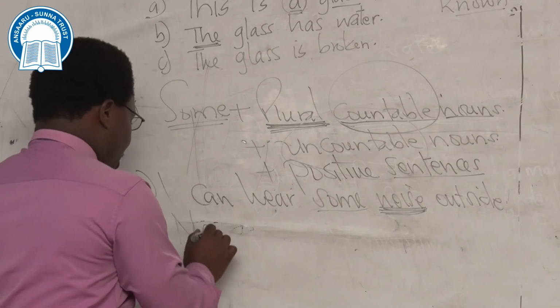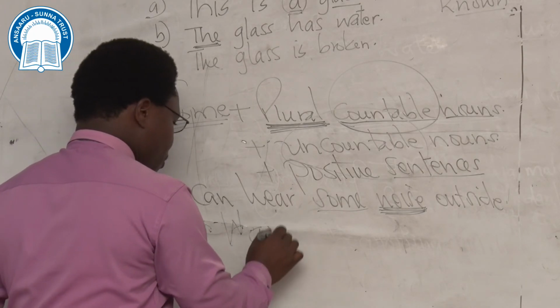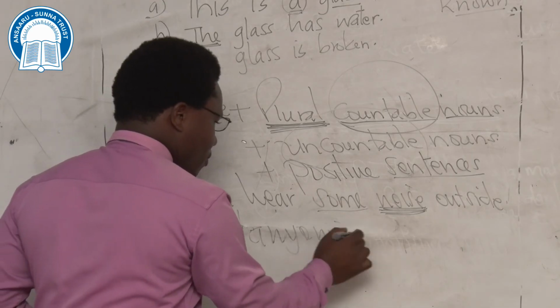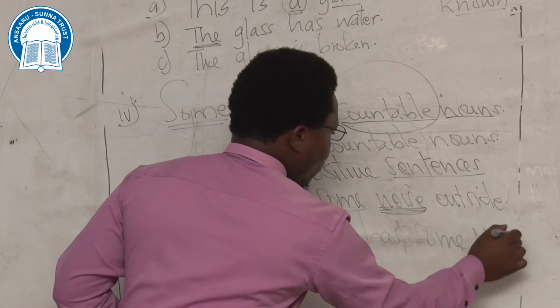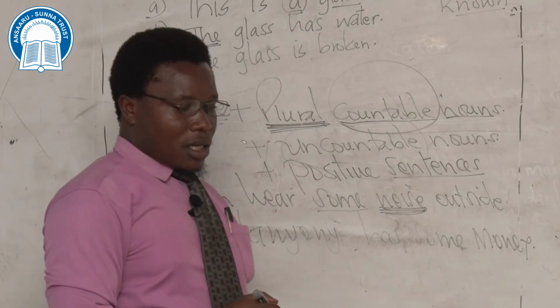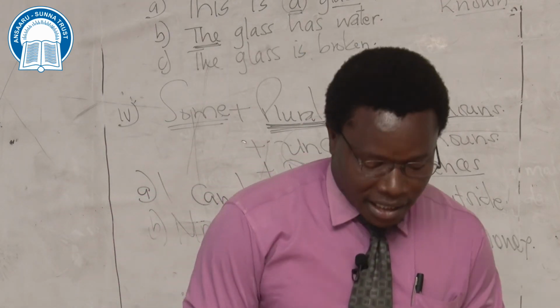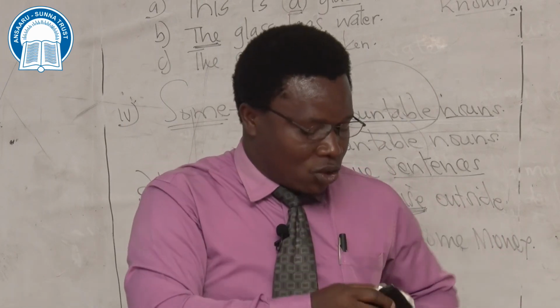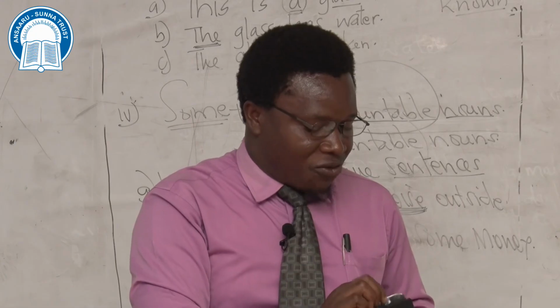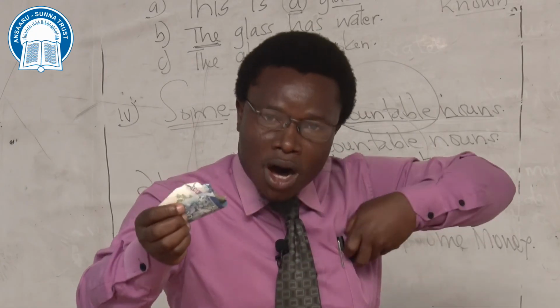Mr. Wanyonyi has some money. The sentence is positive because should Wanyonyi decide to take out his diary, you find him having some notes.